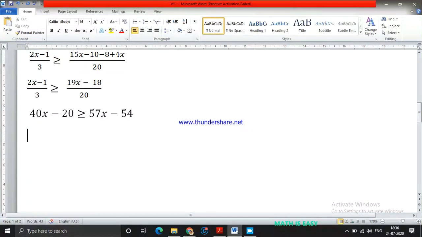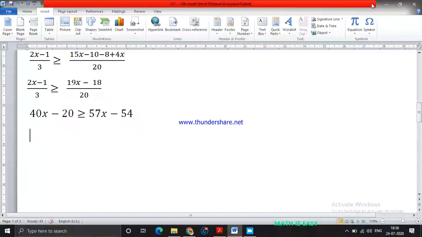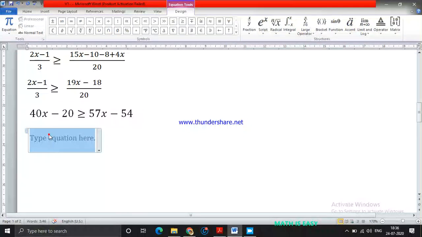When I solve this further, minus 54, I will bring this side, it will become plus 54. 54 minus 20 is 34, is greater than or equal to 57x minus 40x is 17x.